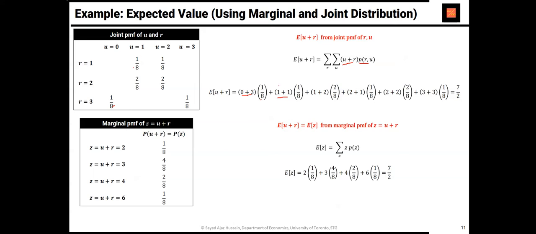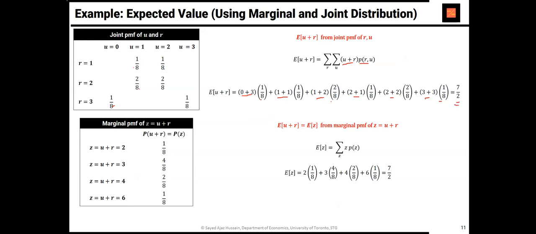U 1, R 2, right here, times the probability 2/8. 2, 1 is the sum, times probability 1/8. 2, 2 is the sum, times probability 2/8. 3, 3 is the sum, and then the probability 1/8. The answer comes out to 7 divided by 2.